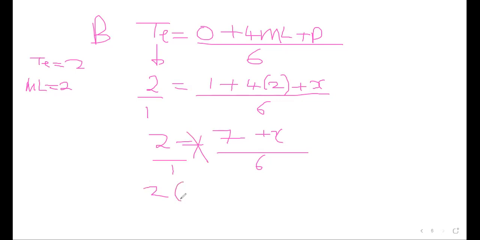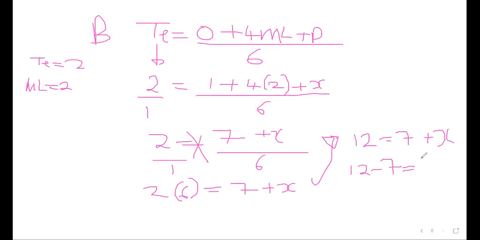It will be 2 times 6, which is equal to 7 plus X. So it will be 12 is equal to 7 plus X. So 12 minus 7 is equal to X. So meaning 5 is equal to X. So this 5 is the missing figure that we have found, which is for the pessimistic, equal to 5. This is only what we need.